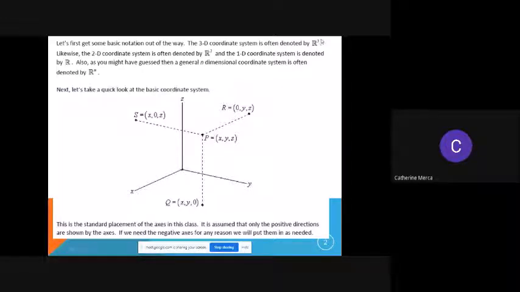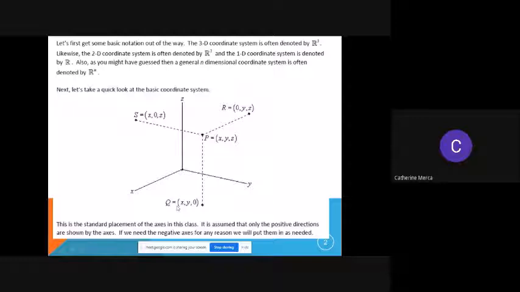So this is a standard way of placing the axes. The x-axis runs towards you. This is the positive x-axis. So the negative x-axis would be placed somewhere here. The negative y-axis would be here, and the negative z-axis will be down there.